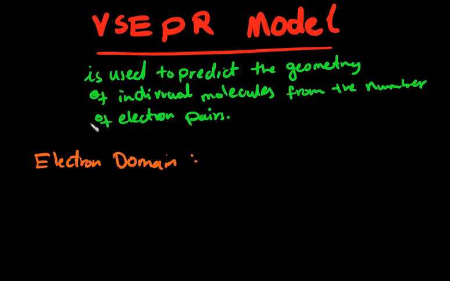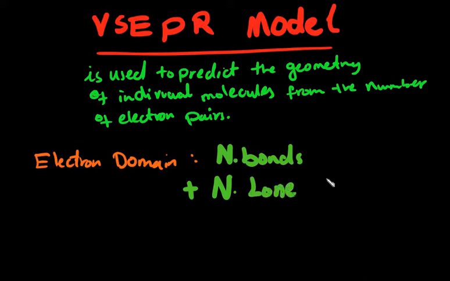Electron domain is the number of bonds plus the number of lone pairs. Alright?